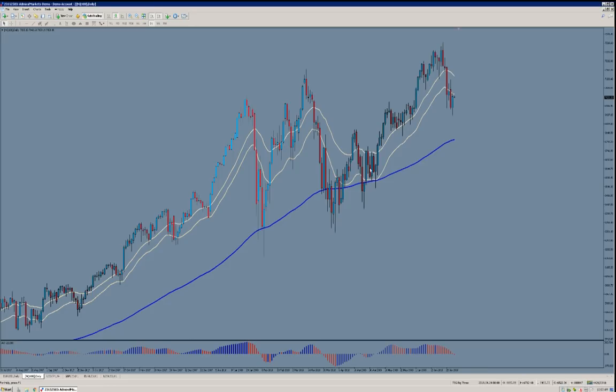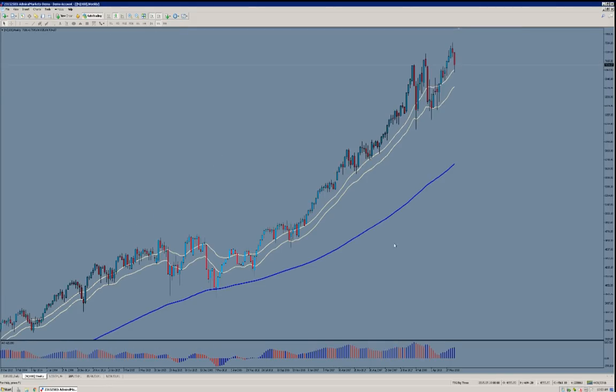So I was already pretty sure that this is probably going to be one of the final moves before a bigger correction happens, based also on some divergence on smaller time frames. It's not super confirmed yet, but we are seeing divergence here between these tops and the indicator.